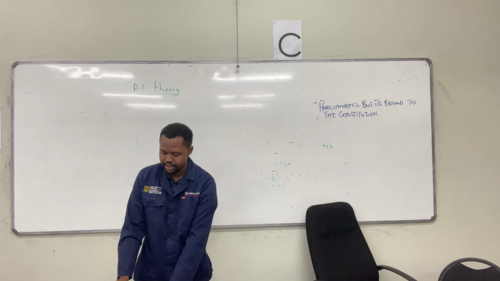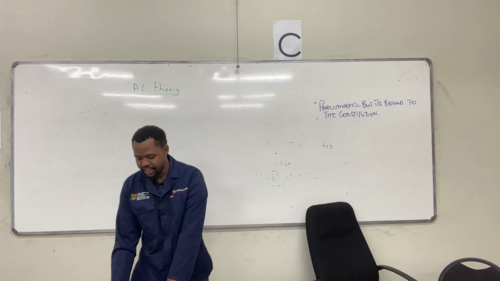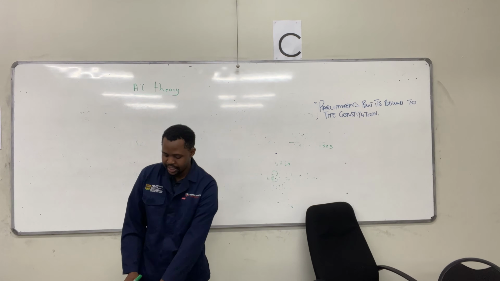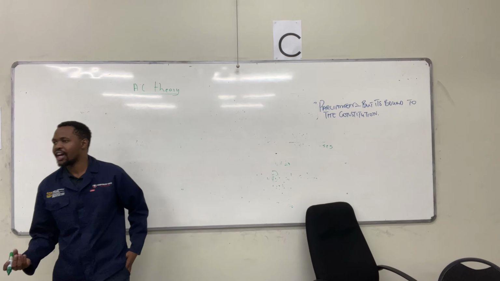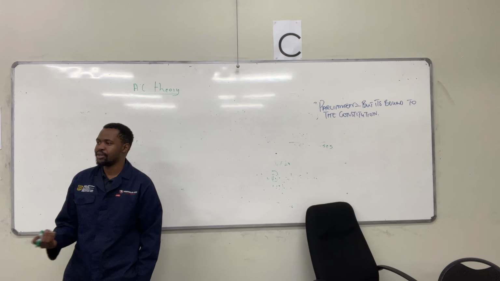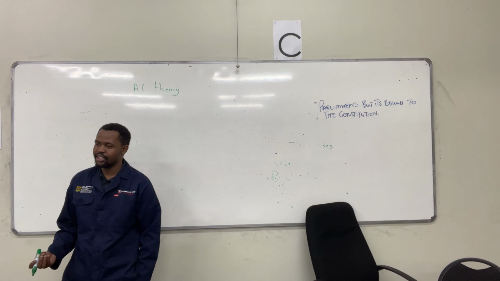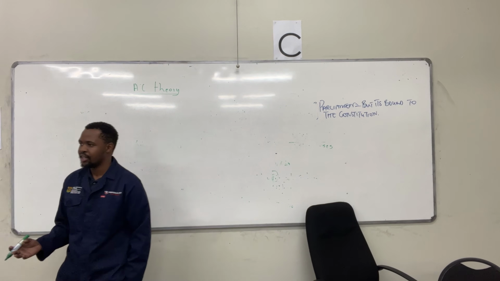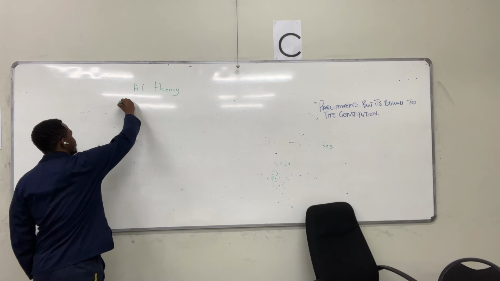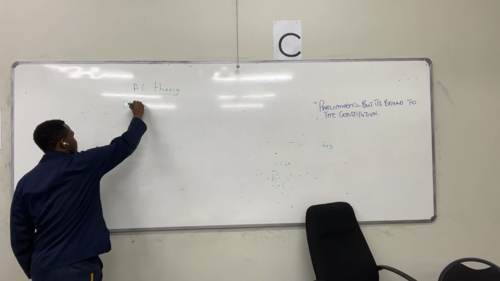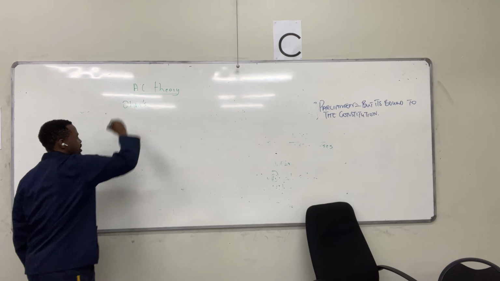Okay guys, the way we analyze a circuit that is supplied with direct current compared to a circuit that is supplied with alternating current is not the same. But the laws that we have been introduced to do apply.